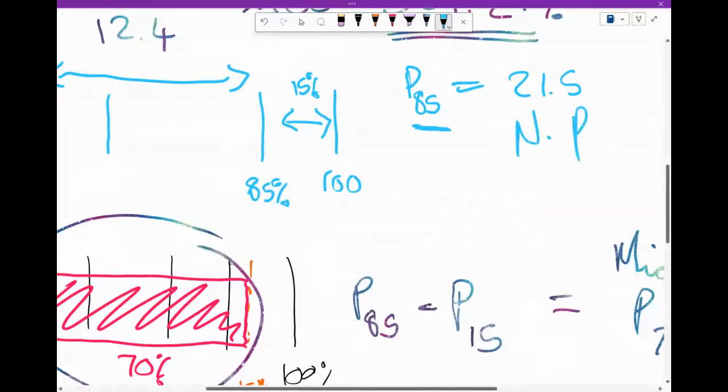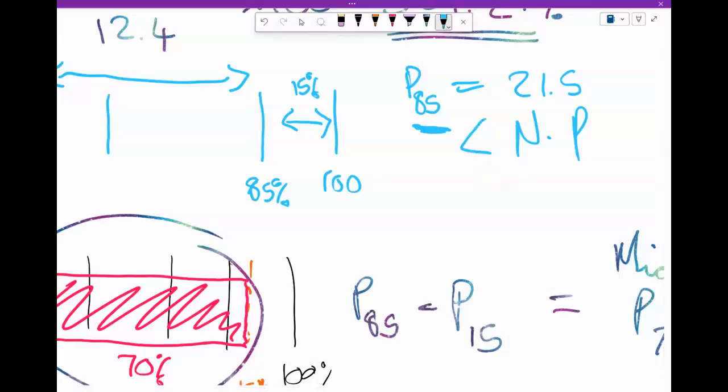Newspapers, okay? So to be a part of the top 15%, how many newspapers should we sell? 21.5 and more. Because we're saying 85 is below, is less than. Sorry, that is greater than, sorry. It's been a long day. Is below, isn't it?